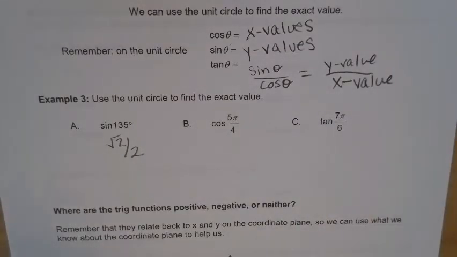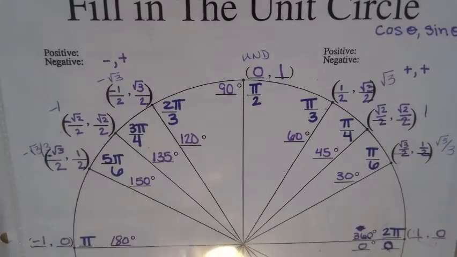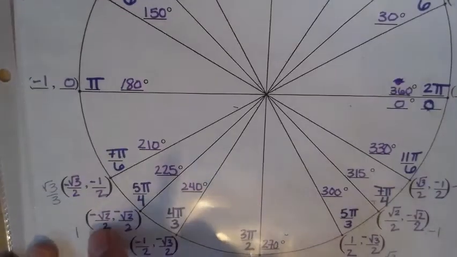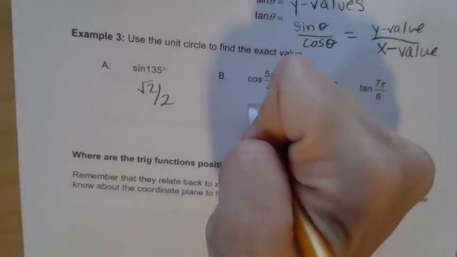Get your unit circle. Find 5 pi over 4. So 5 pi over 4 is right here. Cosine is our x value. So it's negative square root of 2 over 2.